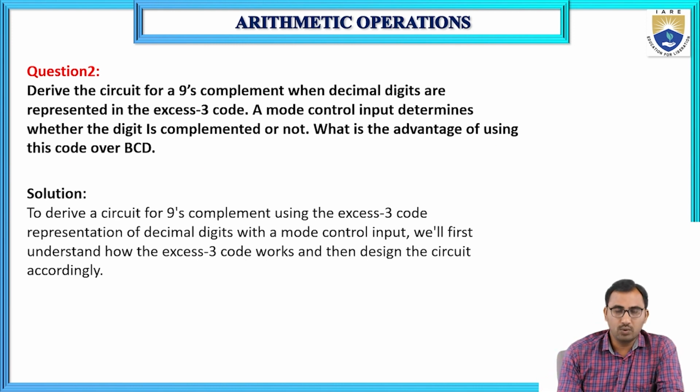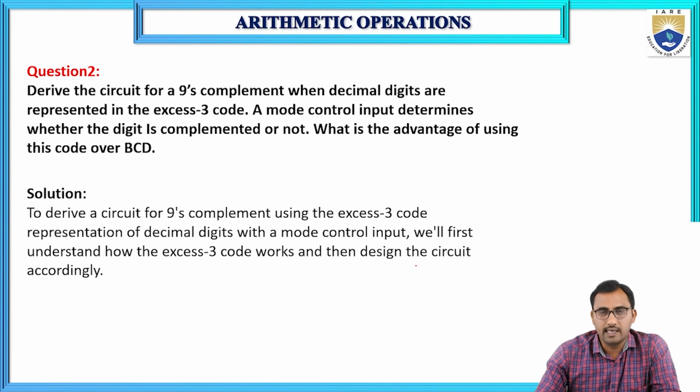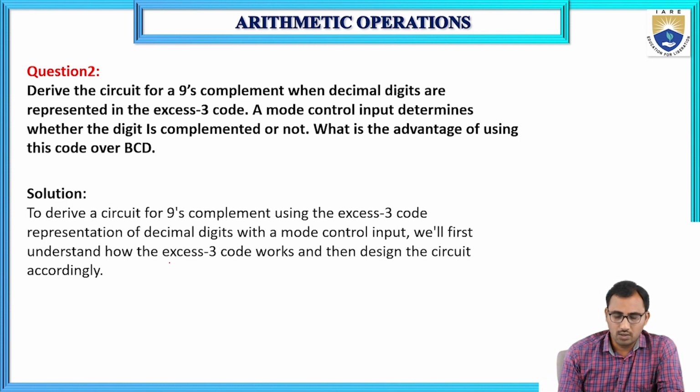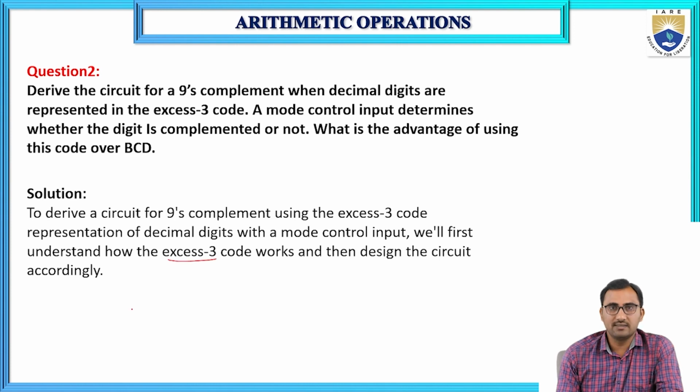To derive the circuit for 9's complement using excess 3 code with the mode control input, we will first understand how the excess 3 code works and then design the circuit accordingly. First, we should be familiar with how to get the 9's complement value and also how to get the excess 3 code.